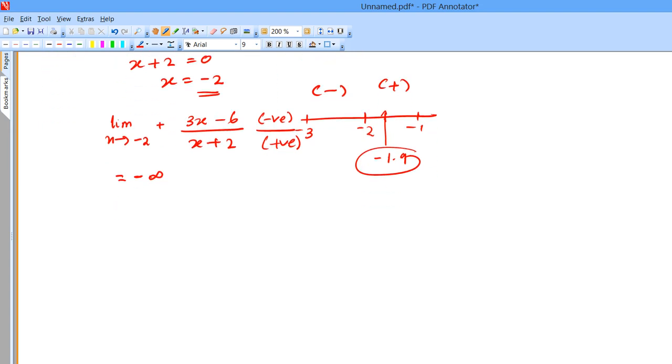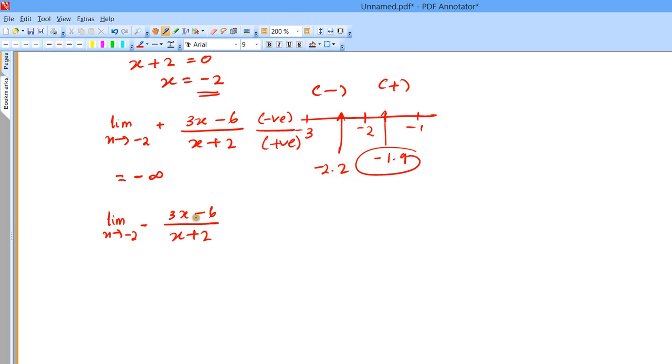So another one, if we have limit x approaches negative 2 from left, function (3x minus 6) over (x plus 2). Okay, this is negative 2 from left. You can choose one value that is less than negative 2 but approaches negative 2. Maybe negative 2.2.